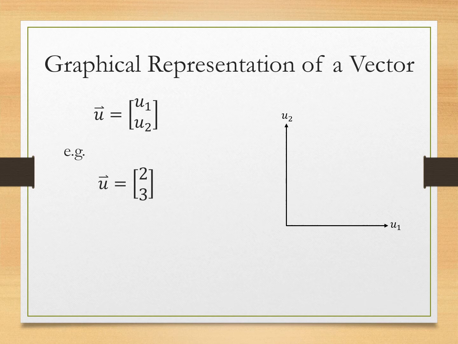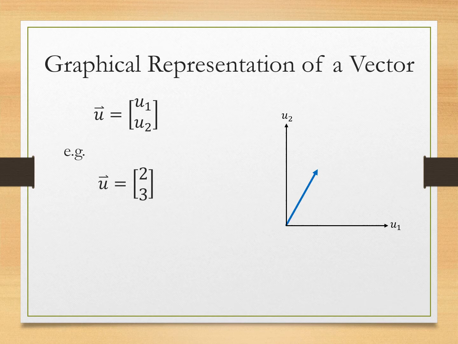u equals 2, 3. Two numbers. If you want to draw it, you can draw it on the plane, with, let's say, u1 as the x-axis, the horizontal axis, and u2 as the vertical axis.